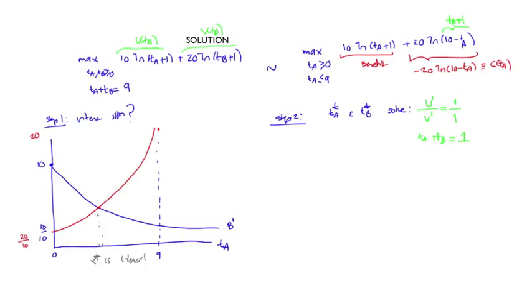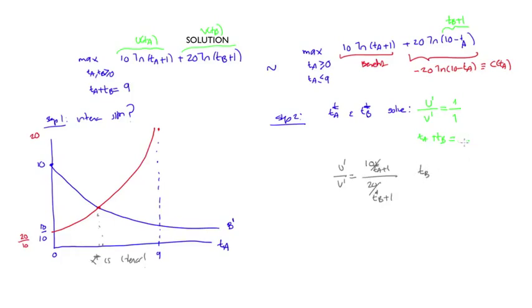If you take the derivatives, you find that U prime is going to be 10 divided by TA plus 1, and B prime is 20 divided by TB plus 1 at the optimum, and the budget constraint is going to have TB equal to 9 minus TA star.